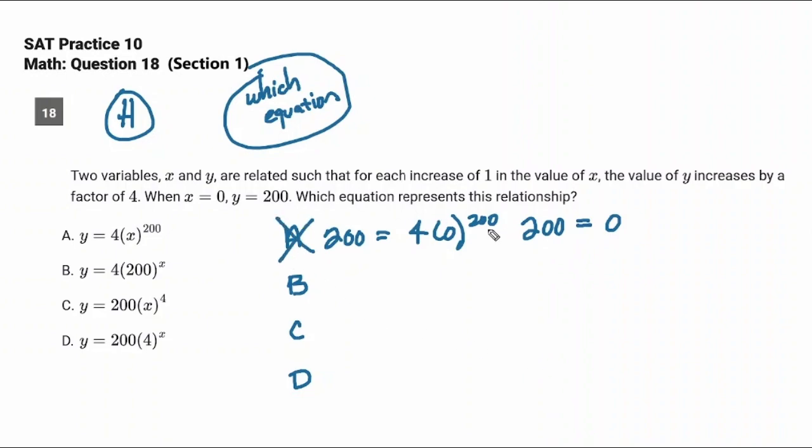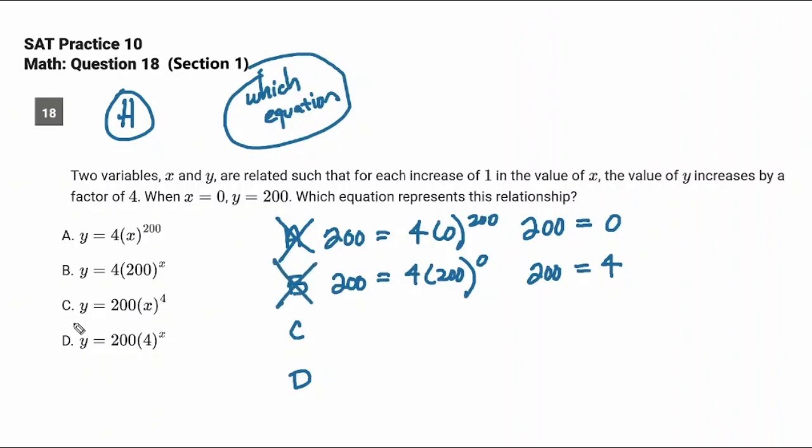It's gone. All right, y, 200, equals 4 times 200 to the what? X is 0. What's anything to the 0 power? It's 1. So this is 200 equals 4 times 200 to the 0, which is 1. So 4 times 1, that's 4. Does 200 equal 4? Not true.